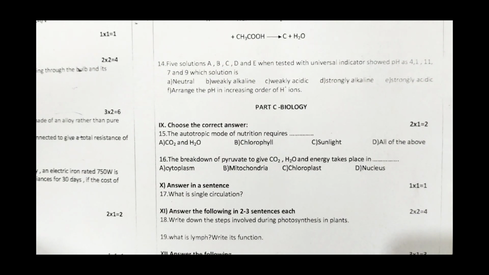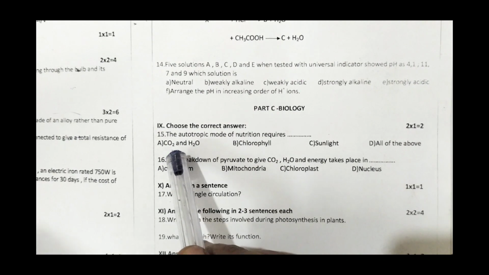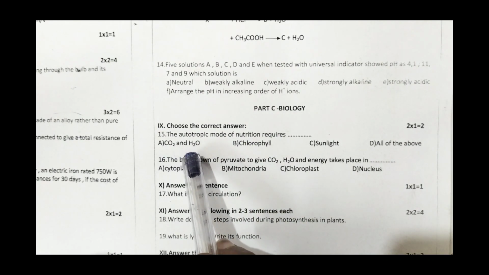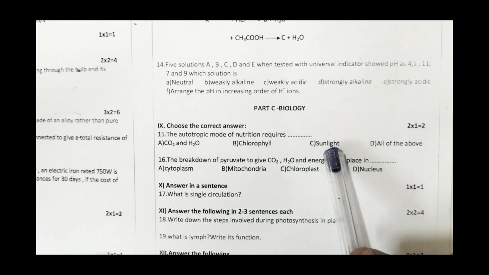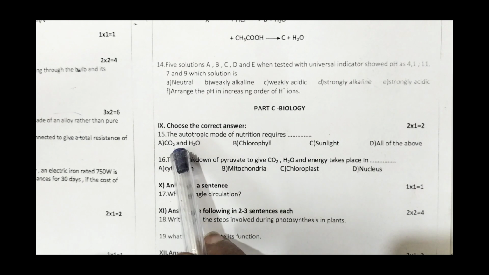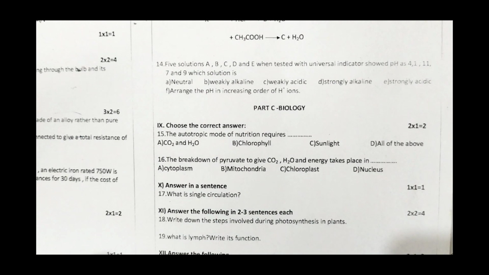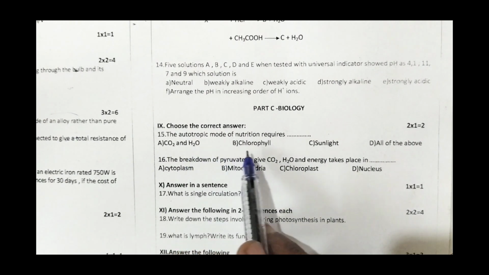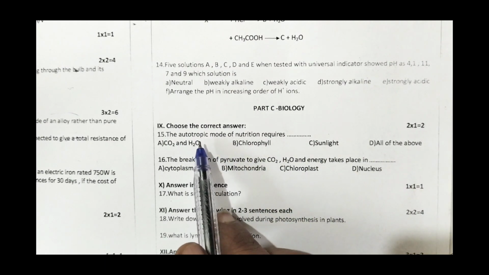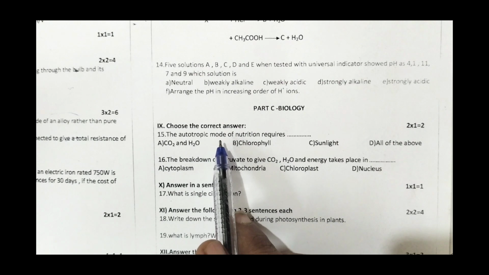So the first question of biology is: the autotrophic mode of nutrition requires carbon dioxide and water, chlorophyll, sunlight, and option D is all of the above. So among these four options, the right answer is all of the above, because autotrophic mode of nutrition is one in which the plants prepare their own food.